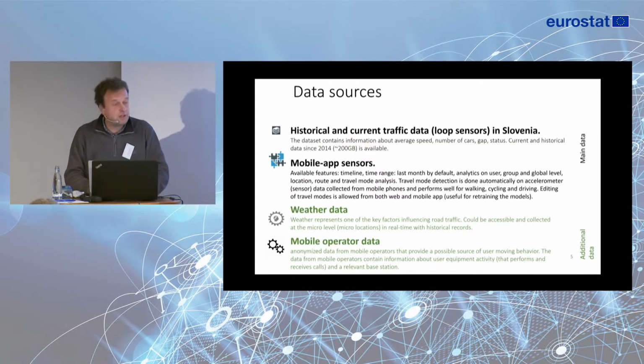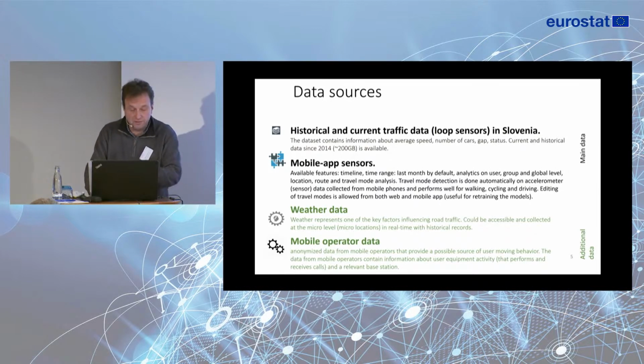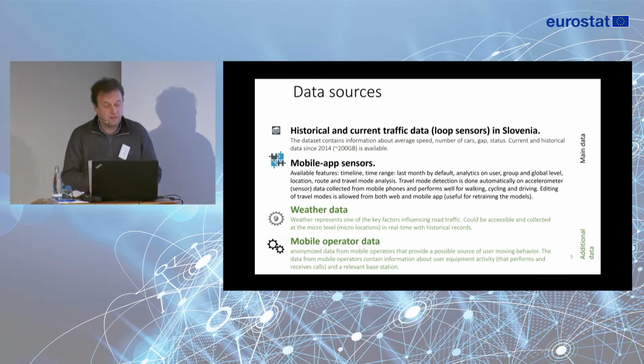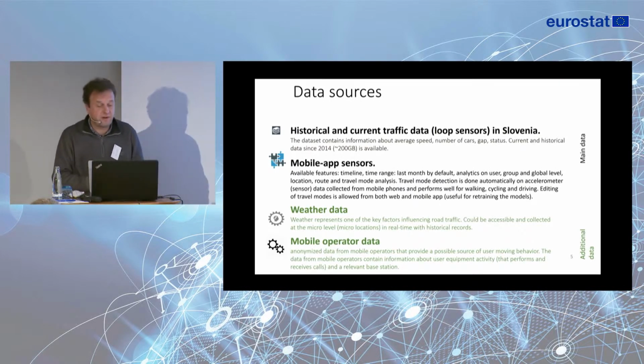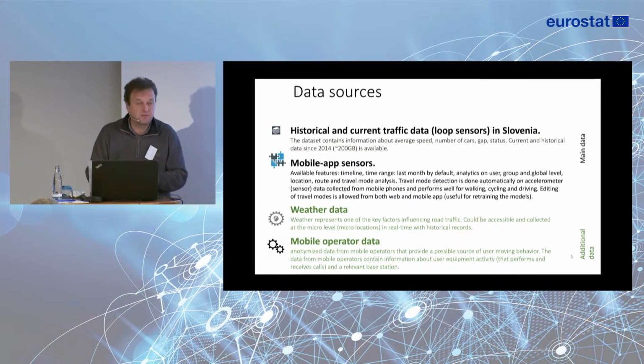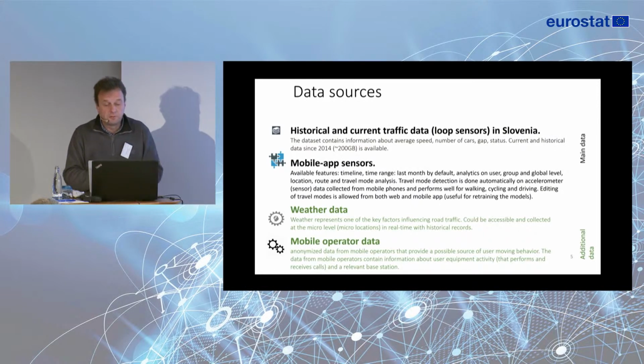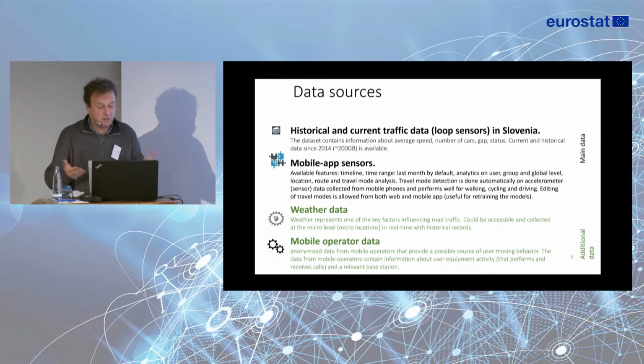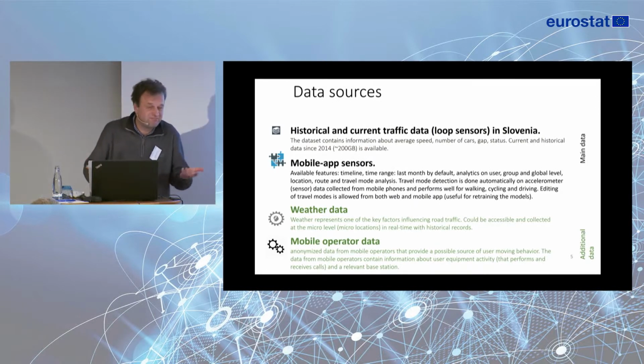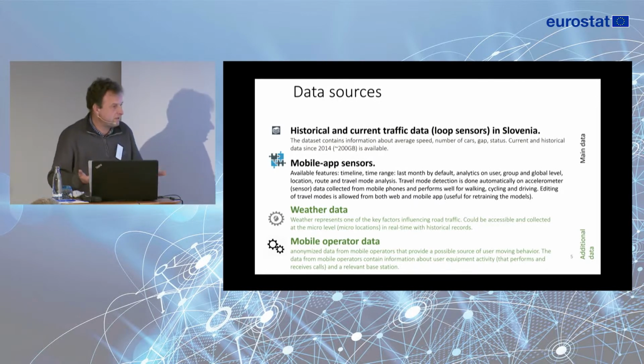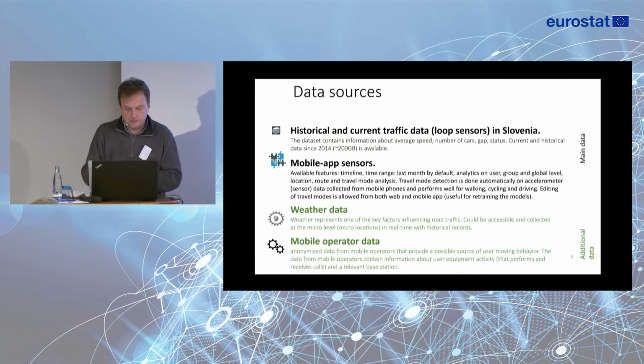We mentioned already what kind of data sources we have. Here is just a little bit more detail. So we have historical and current traffic data. So let's say in this case, this would be loop sensors in Slovenia. This is over 200 gigabytes. It's not really big data, right? So it's something which you can put on a memory key at the end, but still kind of reasonable, right?